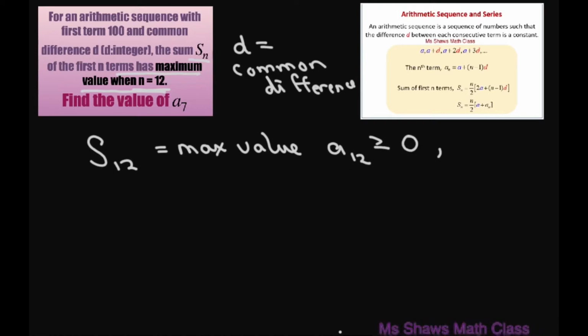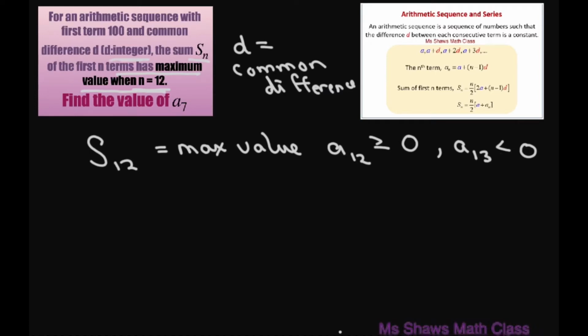And that also means the 13th term has to be negative, less than 0. So the 13th term has to be negative. And this one can be equal to 0 or positive because we're talking about integers.